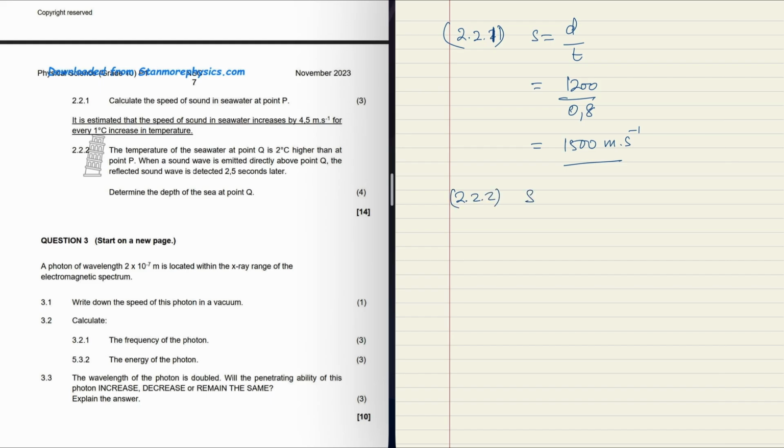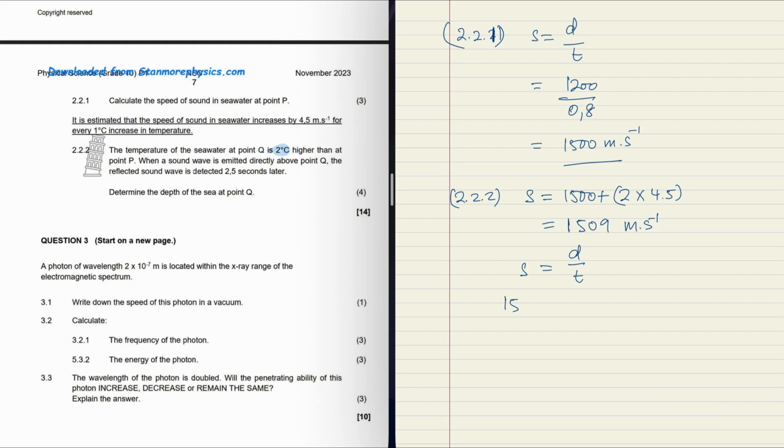So the speed is going to be 1,500 plus 2 times 4.5, because they tell us that it increases by 4.5 for every 1 degree, but point Q is 2 degrees higher. So the new speed is going to be 1,509 meters per second.